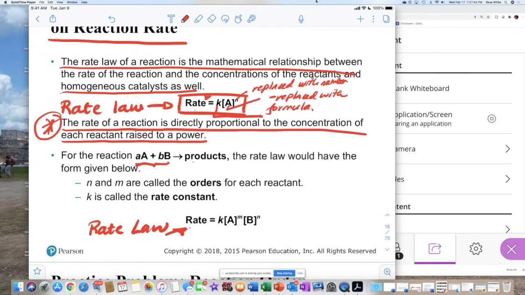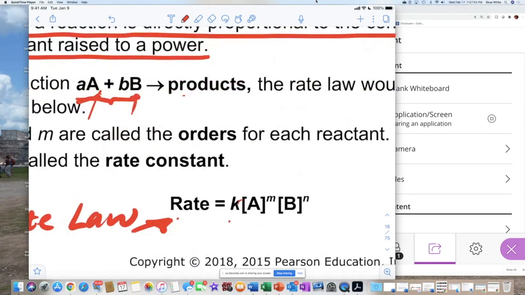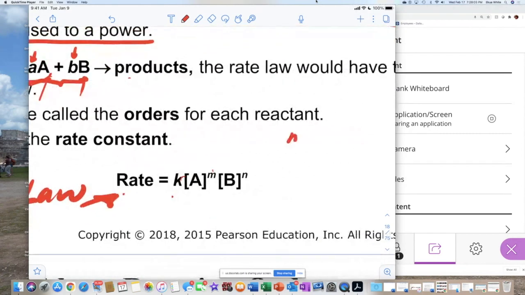Rate, the word rate, equals k. The brackets represent concentration. [A], the chemical, the reactant, is raised to the power m. [B], the other reactant, is raised to the power n. They were sure to write the coefficients here as a and b, and the powers as m and n, just to let you know that m is not equal to a and n is not equal to b.